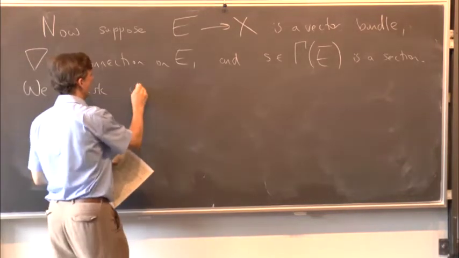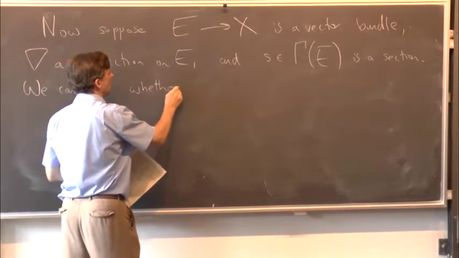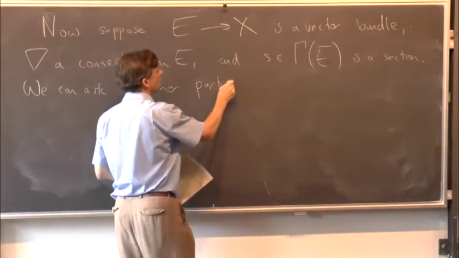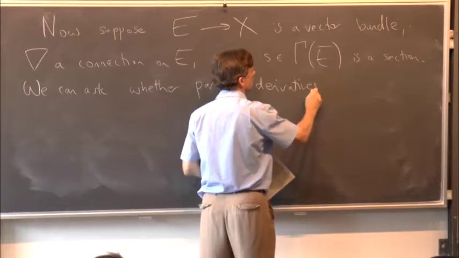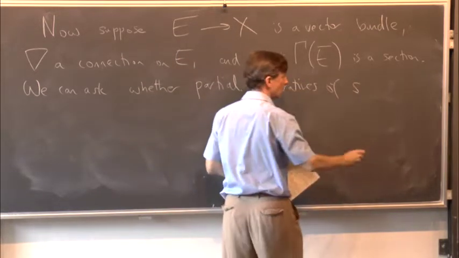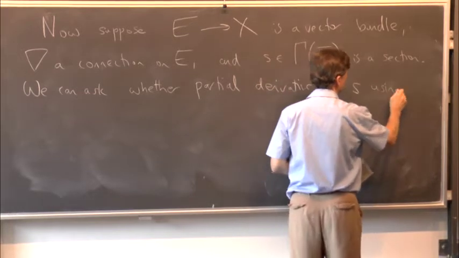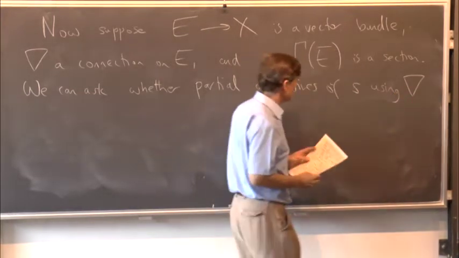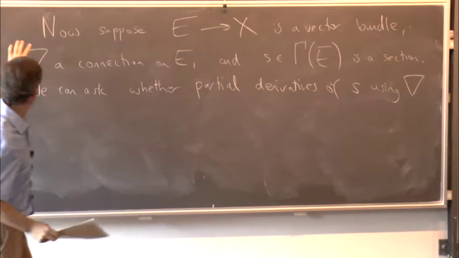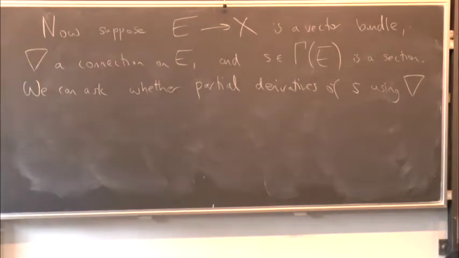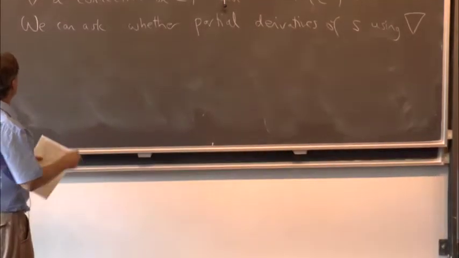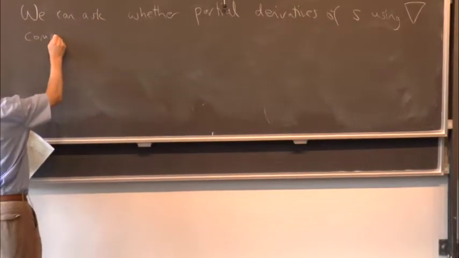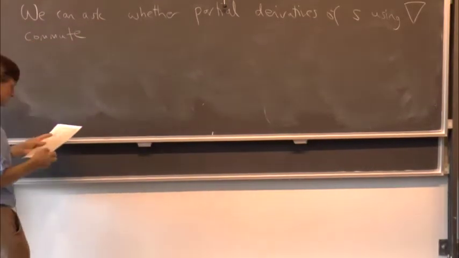Whether partial derivatives of s using ∇ commute. So ∇ is not natural. ∇, the connection, is a choice we have to make for our vector bundle. We can ask whether partial derivatives of s using ∇ commute or not.